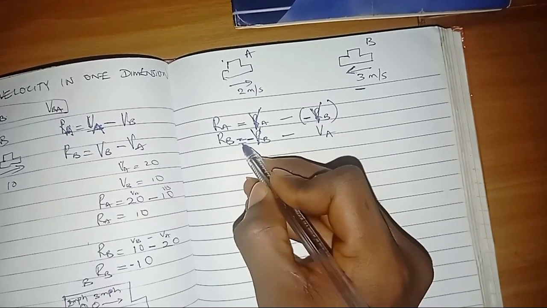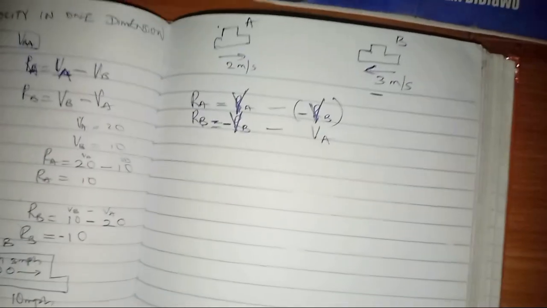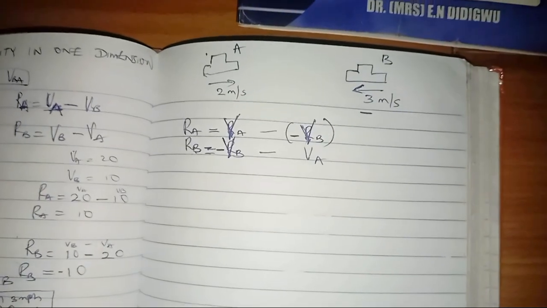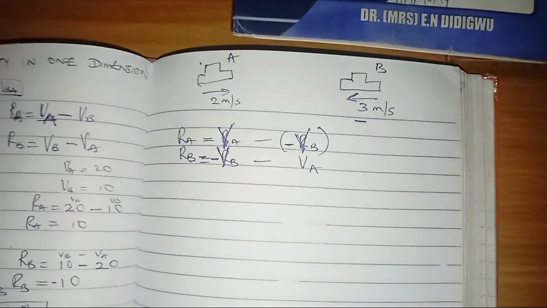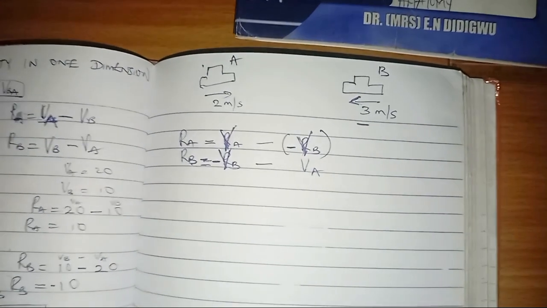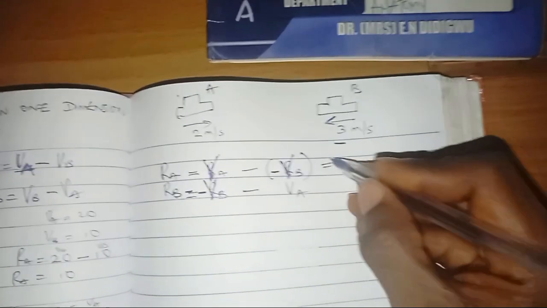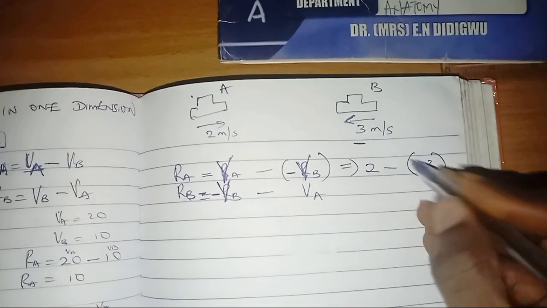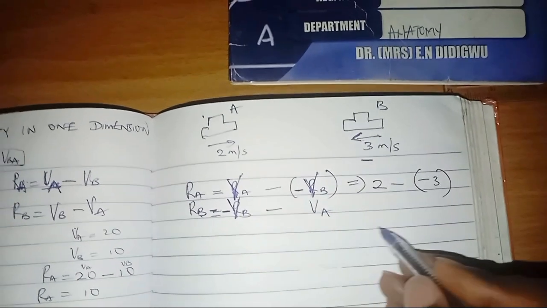So it simply means that when you are considering relative velocity, attention should also be paid to vector direction. Once something is going left hand side, any value given there must have a negative sign. So it's very important. If I'm to check, this will simply be 2 minus 3, because this is not just 3. This arrow means it is a negative value.